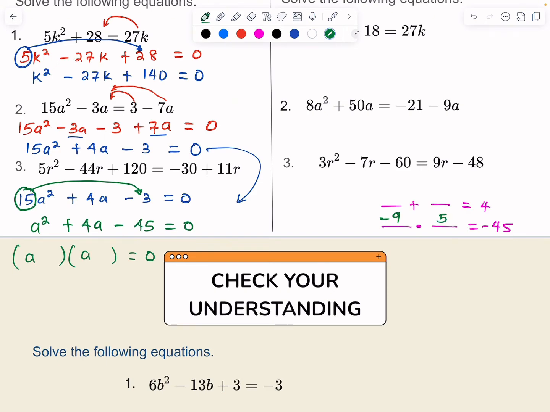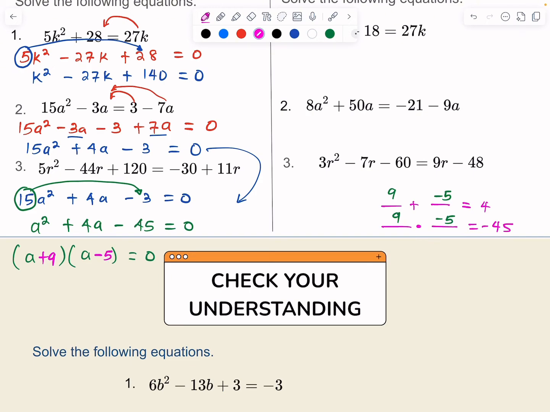Sorry, I said it wrong earlier. So if I check it, 9 plus -5, that's 4. That's right. 9 times -5, that's -45. So our factors now will be +9 and -5.